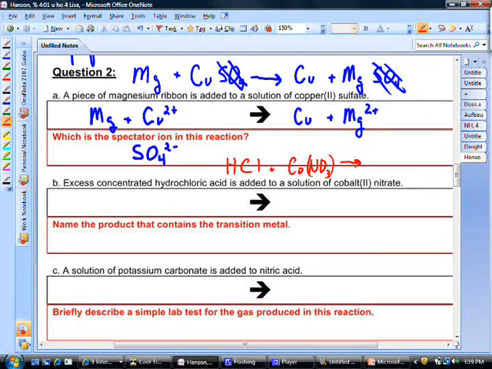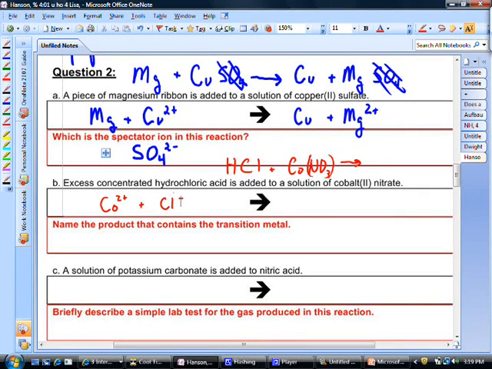So it reacts, and what kind of reaction is going to occur? Well, we've got cobalt ions floating around in solution. And we know that cobalt is a transition metal, and transition metals, when you combine them with things like chloride ions, tend to form complex ions, and that's exactly what we have going on here.